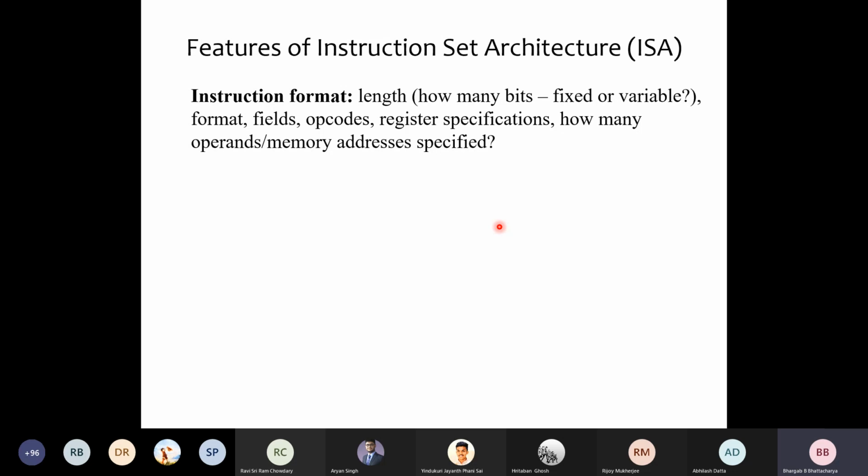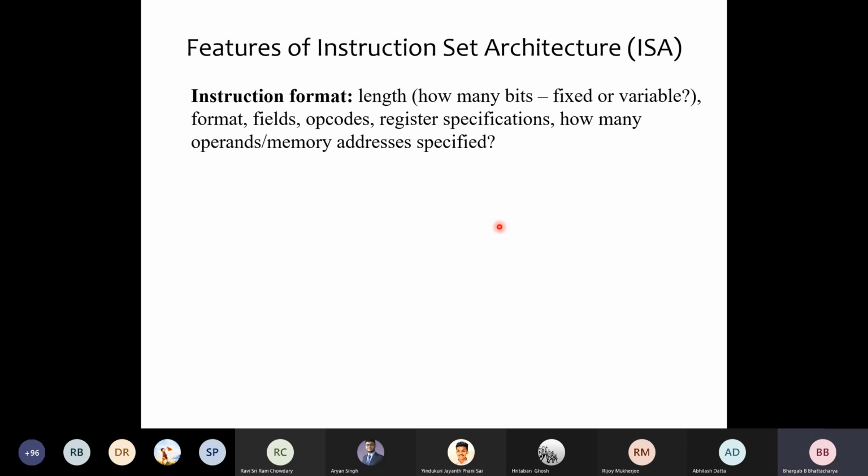So that is one issue. The other thing is, what is the format of my instruction? How many fields are there in the instruction? There should be opcodes, right? Some bits should be reserved for designating the instruction, to identify the instruction. How many bits do we need? And where should I place them in the format? Some registers you want to specify in the instruction itself, right? So you need register IDs, or the number of bits you need to identify the registers.